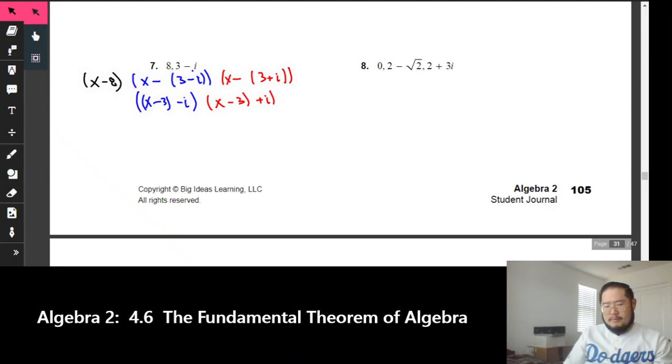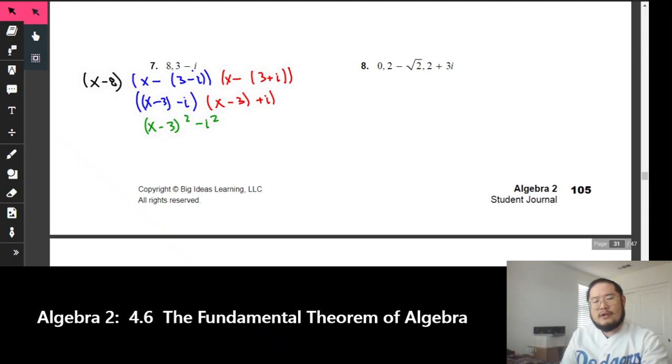Now we're going to go ahead and combine these together. We'll FOIL this out, and remember the outer and inner terms will cancel. So I'm left with x minus 3 quantity squared, and then I have negative i times positive i. Remember, that's the last part of FOILing, and so we'll have negative i squared.